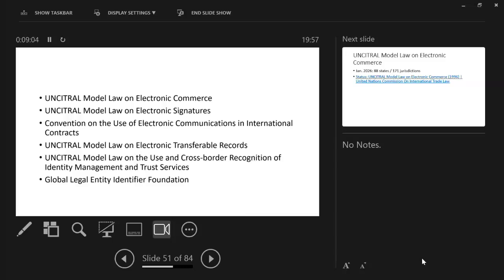And to the extent that DocuSign is recognized via something like the UNCITRAL Model Law on Electronic Commerce across multiple jurisdictions, it becomes a platform that enables commerce.